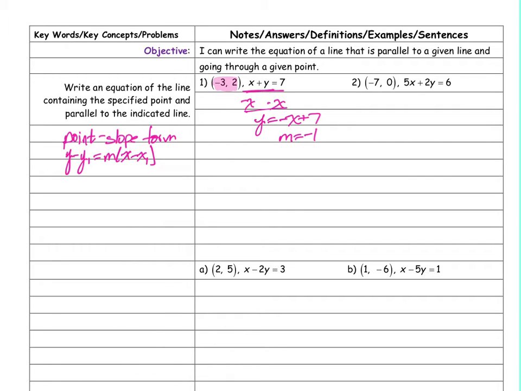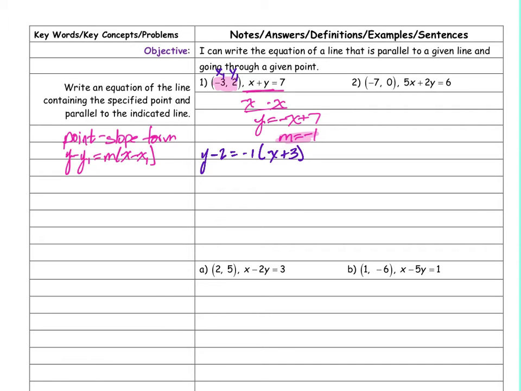So now I've got my slope, and I have my point, and I'm going to put that into point-slope form. So point-slope form says, here's x1 and here's y1, and then my slope. I'm just going to do like I did last time, right? I'm going to take those points out, y1, m, and x1, and substitute it back in. So I get y minus 2 equals negative 1 times x plus 3.